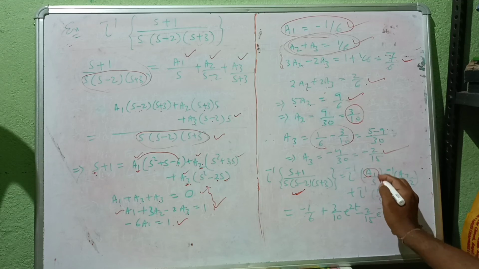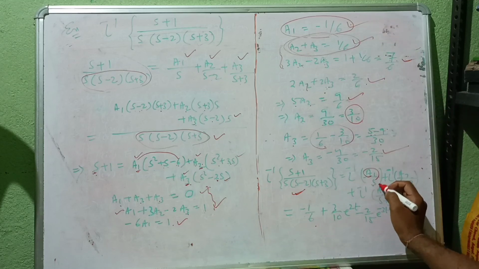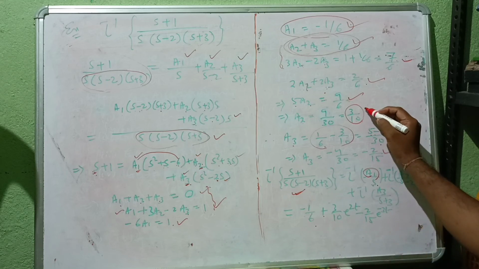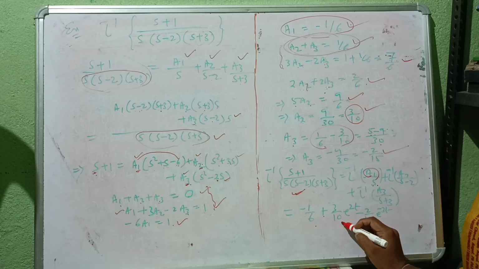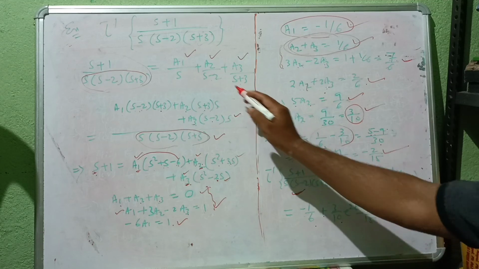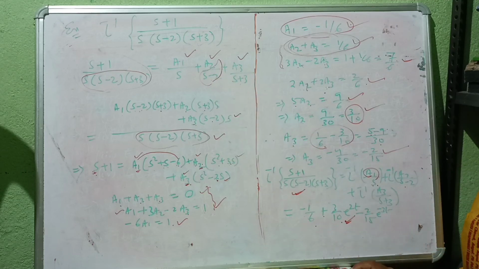Now a1 is constant, a1 is minus 1 by 6, and Laplace inverse of 1 by s is 1 only, we know that. Then plus 3 by 10, because the value of a2 is 3 by 10, into Laplace inverse of 1 by s minus 2, so it is e to the power 2t.